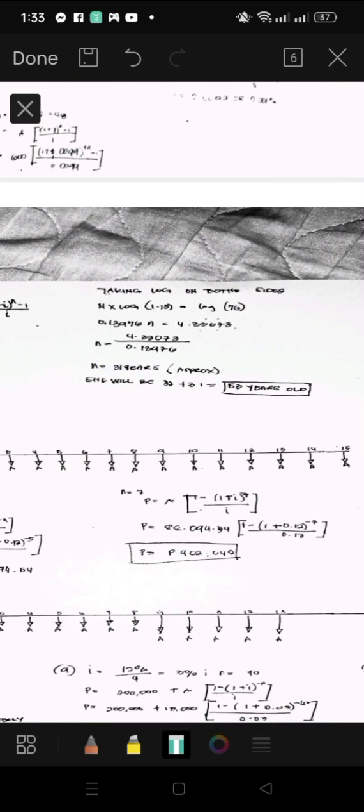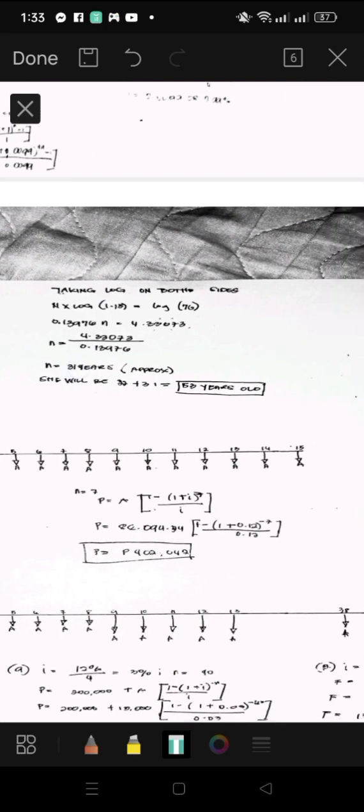So let's proceed to our formula. 1 plus I raised to the power of 12 minus 1 equals quantity of 1 plus 0.12 over 4 raised to the power of 4 minus 1.